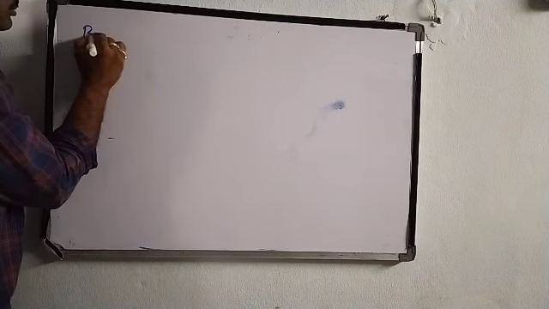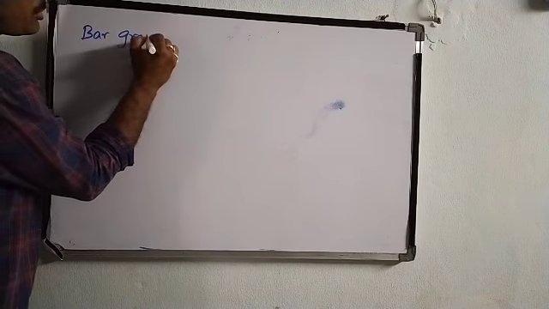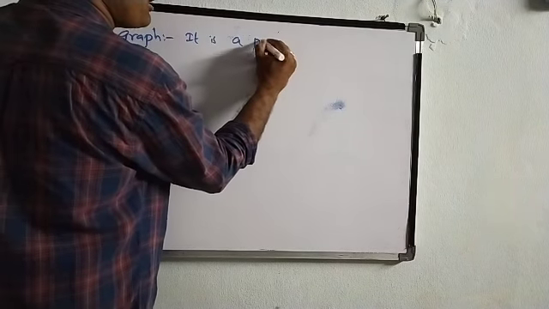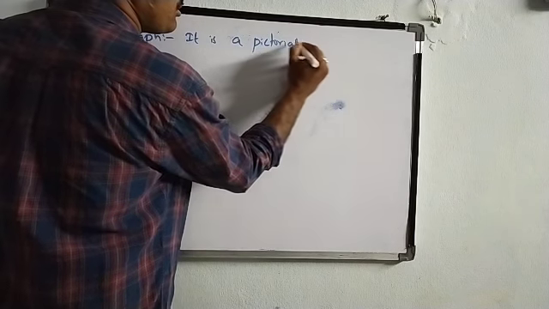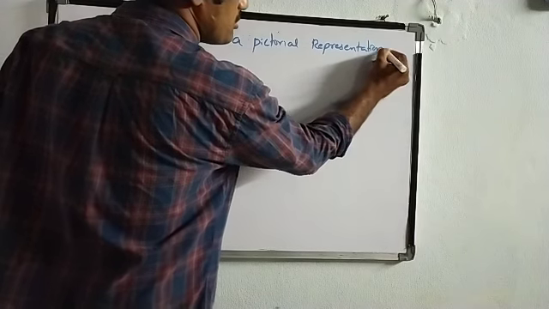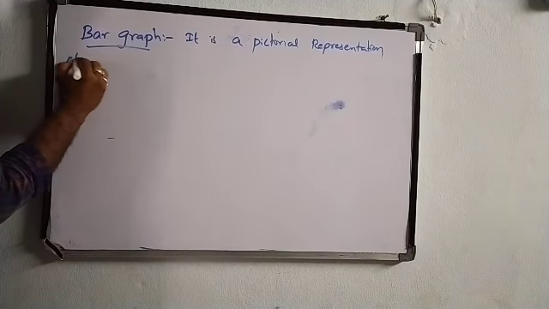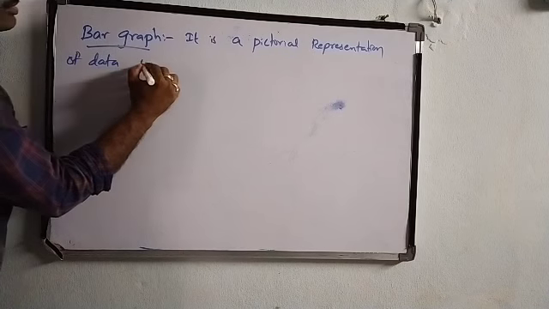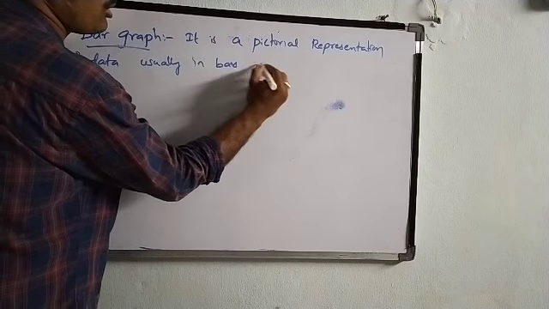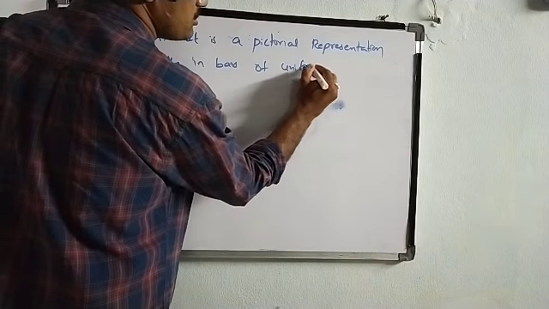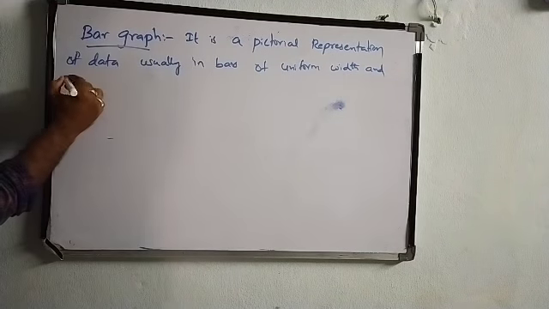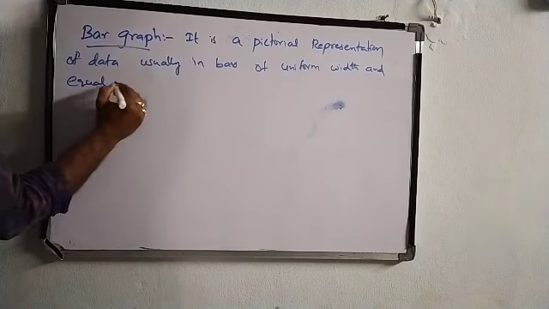So in bar graph, what is the definition of the bar graph? It is a pictorial representation of data, usually in bars of uniform width and equal spacing between them.